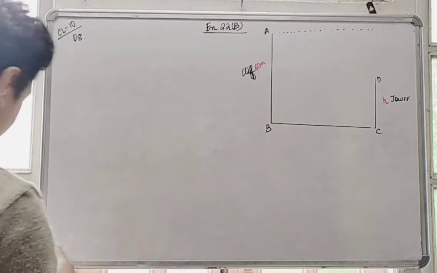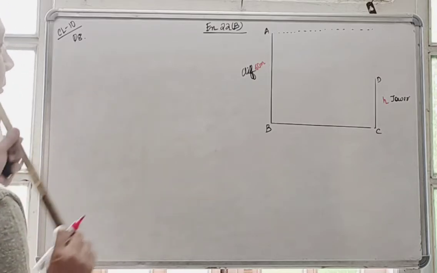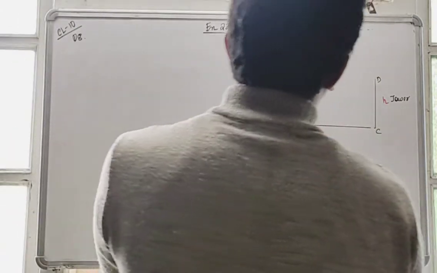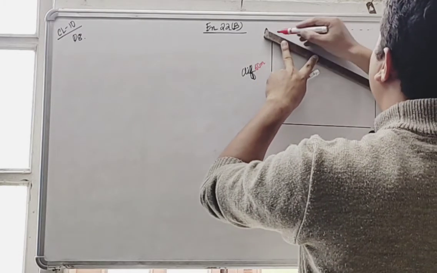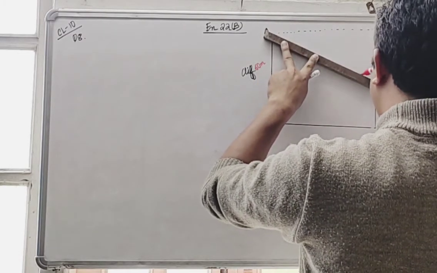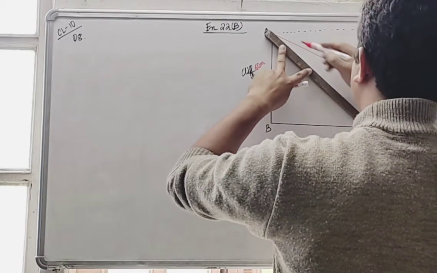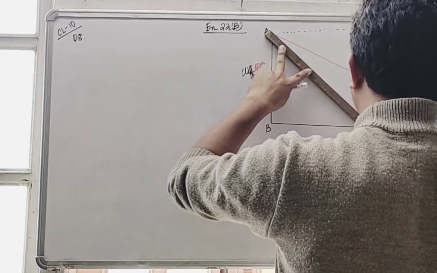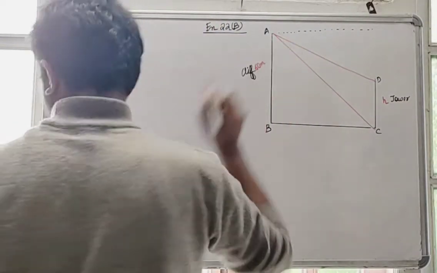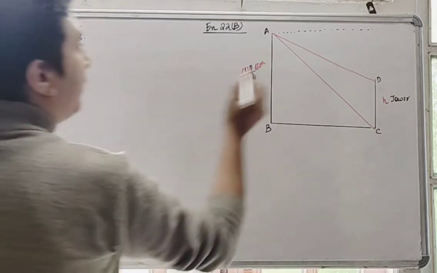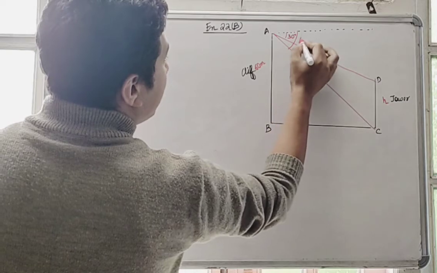Okay, so if I make the figure, the angle of depression from the top will be something like this. This is top and this is your bottom. The angle of depression from the top is how much? It is 30 degrees, so therefore this angle is 30 degree and this angle is 60 degree, boys.